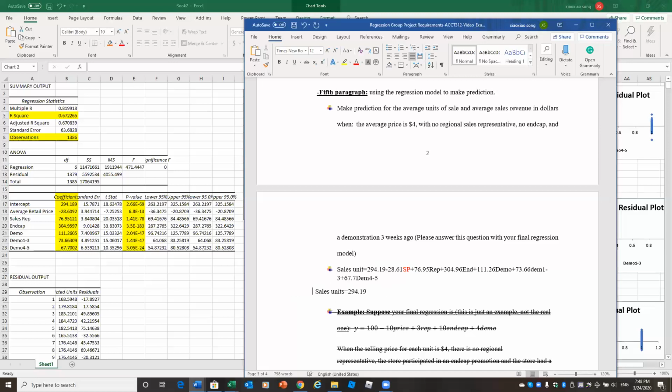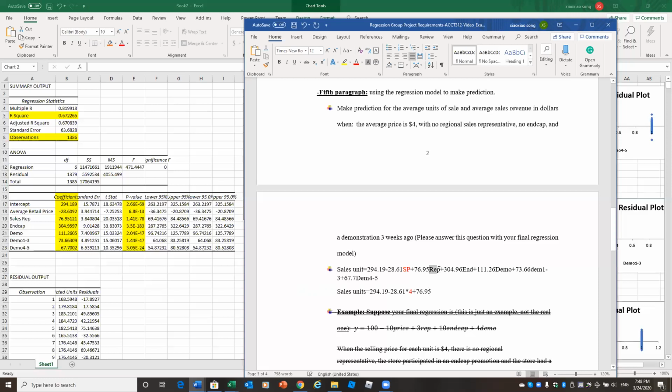And then now minus 28.61. We used to times the selling price, but now you already know the selling price is $4 each. So we replace it with the exact number of $4 there. And then we still plus our old one, we still put this.